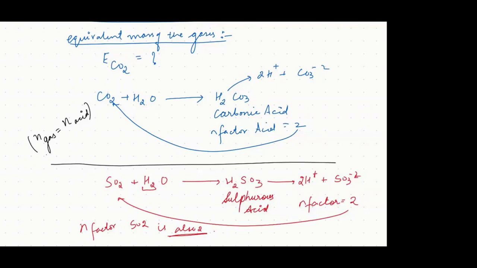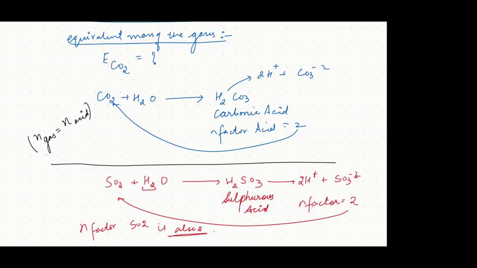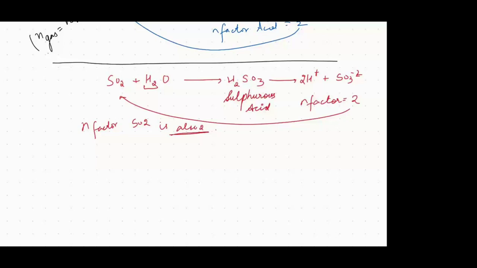Just understand a very basic difference here. How do you actually calculate the number of gram equivalents?